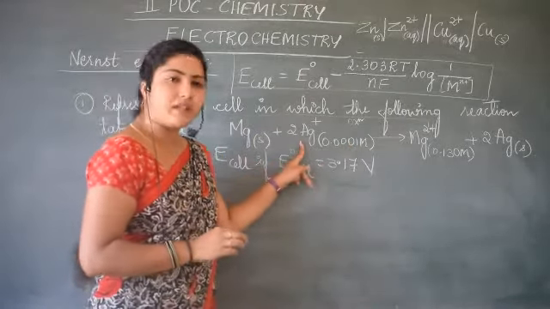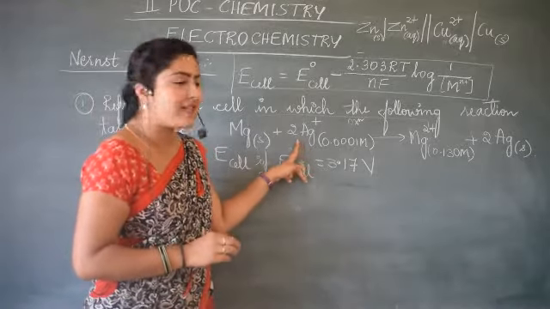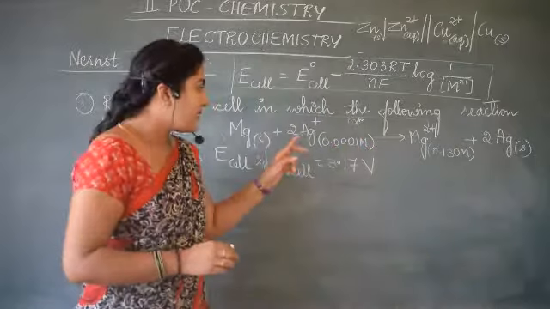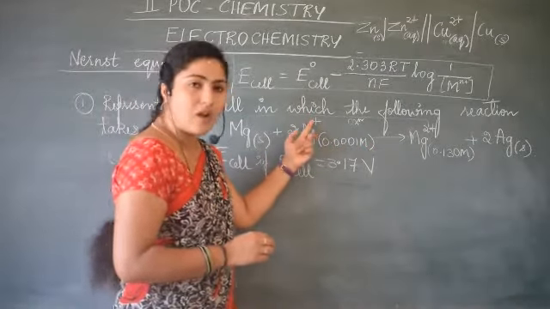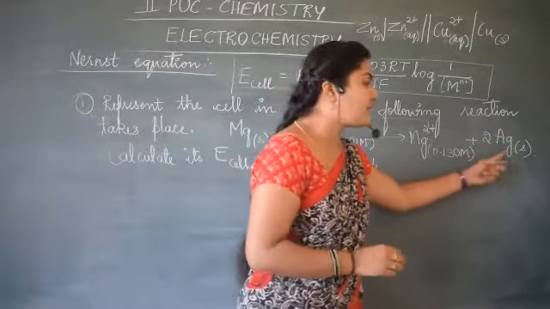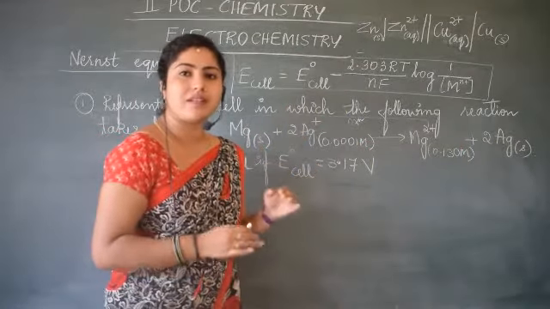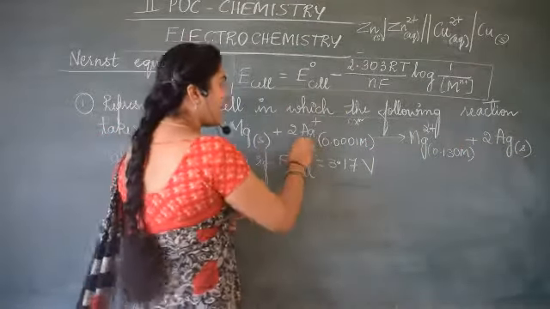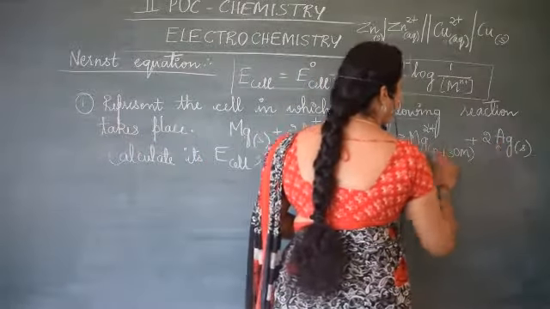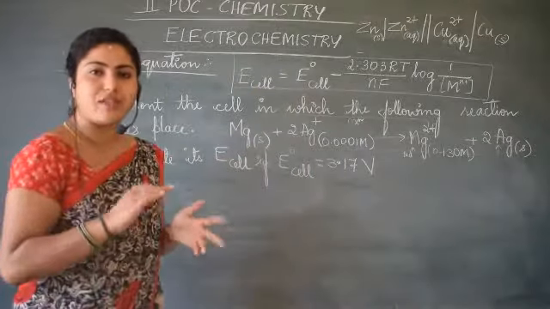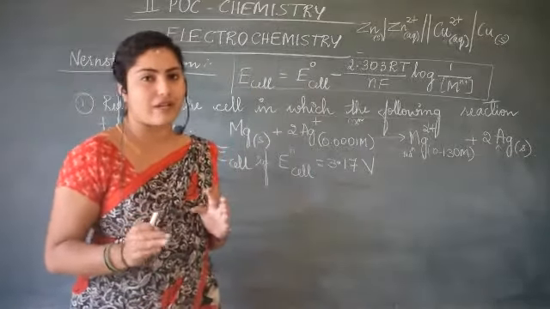Whereas what is happening to silver? Ag+ is getting converted into Ag. Silver was in its +1 oxidation state, but now it has become 0. From +1 to 0 there is reduction. Therefore reduction takes place, so Ag and Ag+ constitute the reduction half cell.